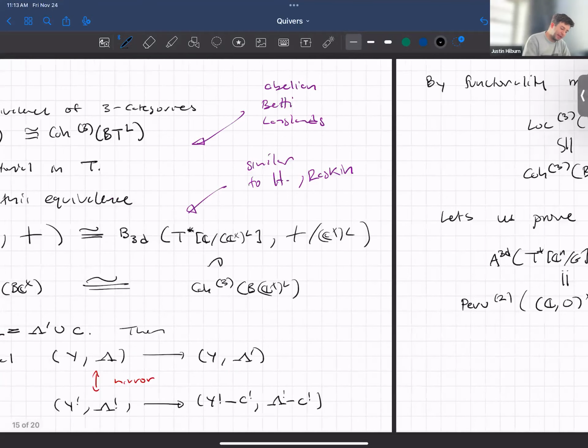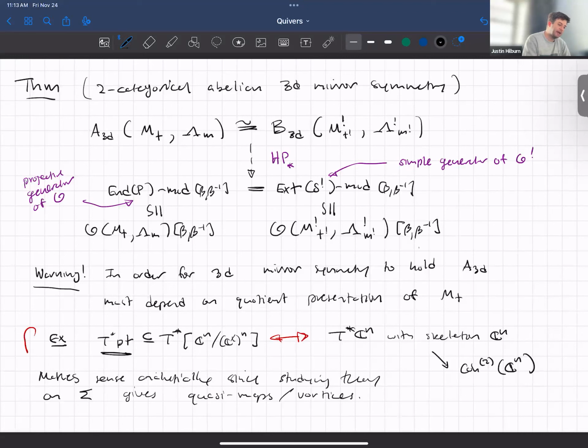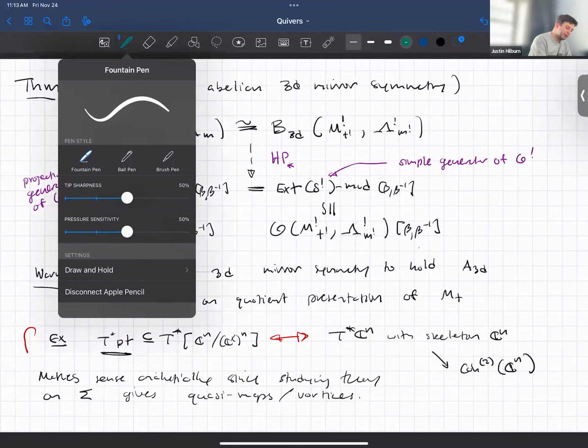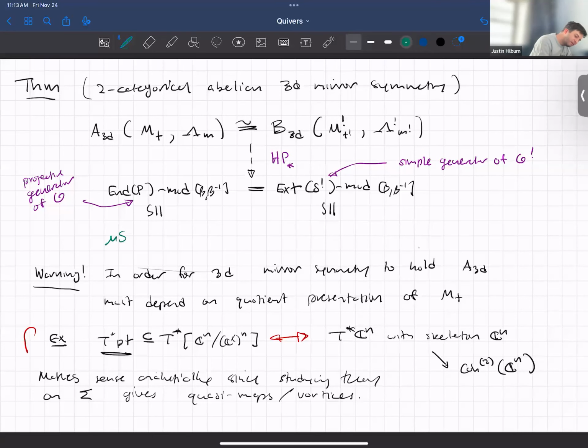And so when you finally put all this stuff together, you find that what you expect to have happen with this two-categorical 3D mirror symmetry is that when you decategorify it, you should basically get what's called category O, but I haven't really defined that for you, so I'll just call it the category of microsheaves generated by the projective object.